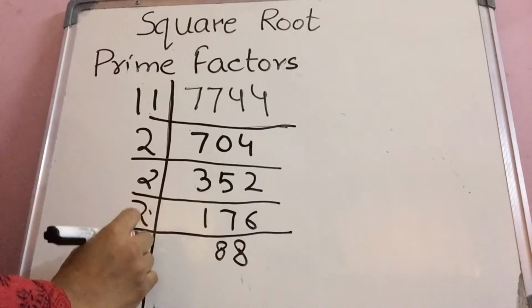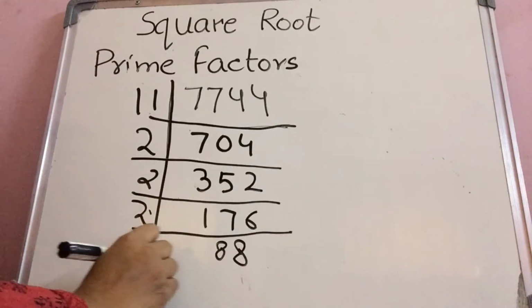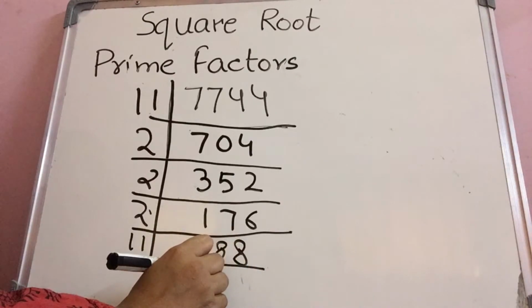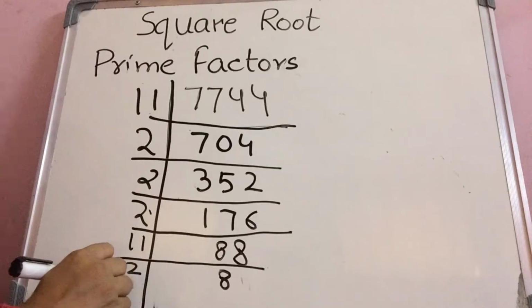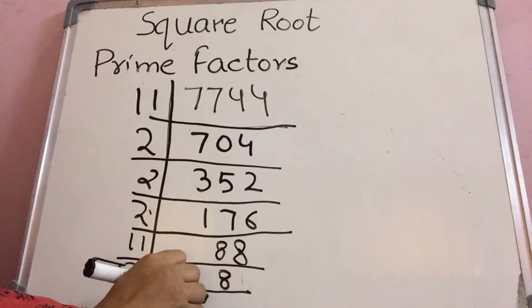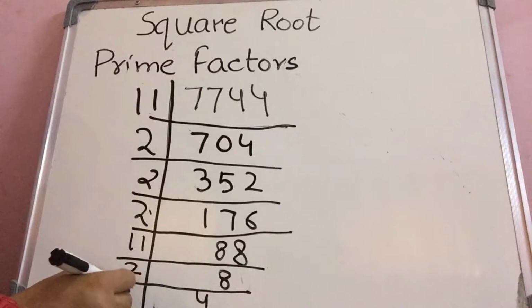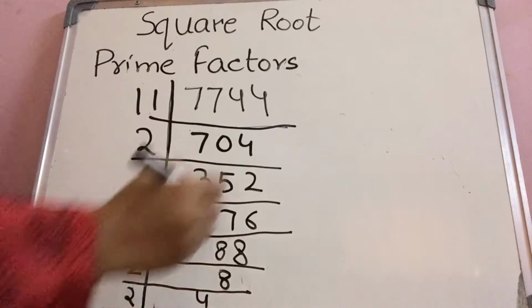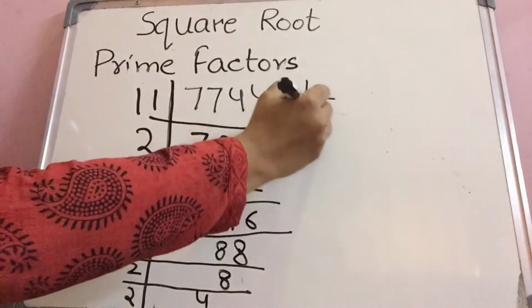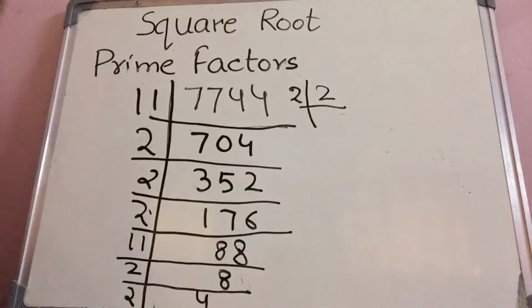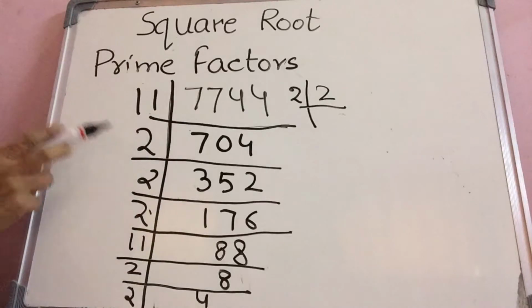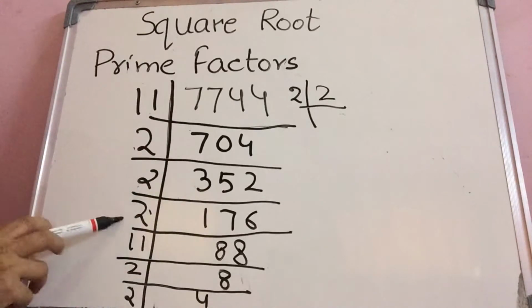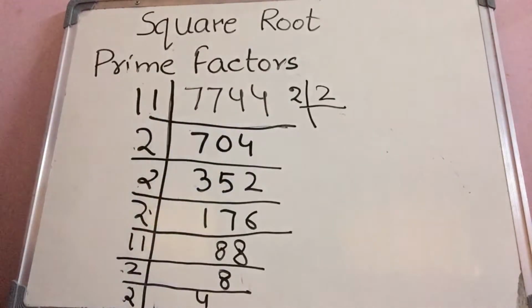We can take 11. This will be 8 times 8, 88. Now 2, 4 and we get 2. 2 2s are 4 and again we get 2. So factors of this number will be 11 into 2 into 2. We have 1, 2, 3, 4, 5, 6 2's.